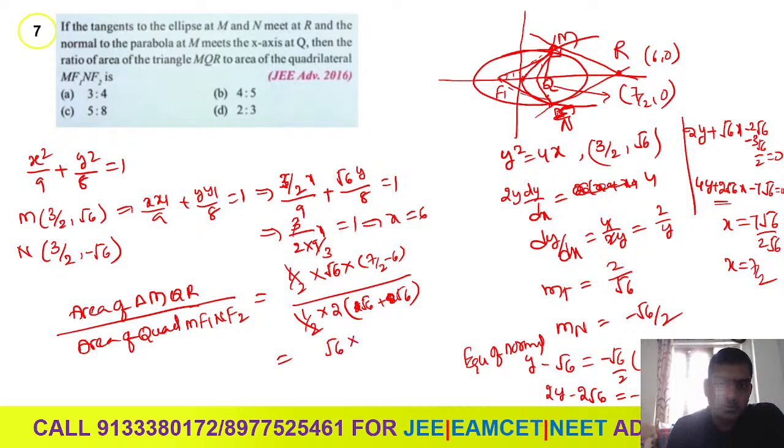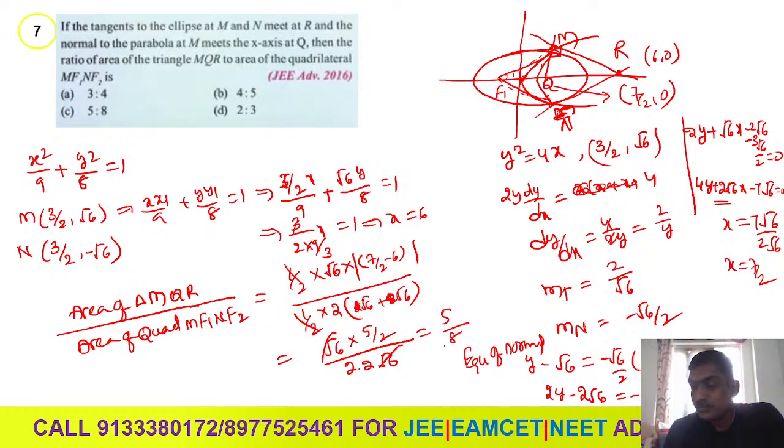Square root of 6 into 5 by 2, whole divided by 2 times 2 root 6. Root 6 cancels. So this is 5 divided by 8. The ratio is 5 to 8. Okay, students. Thank you.